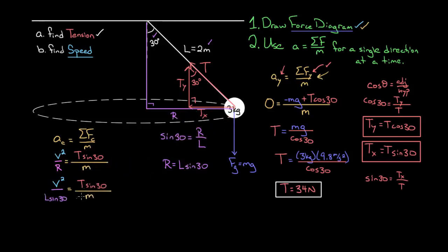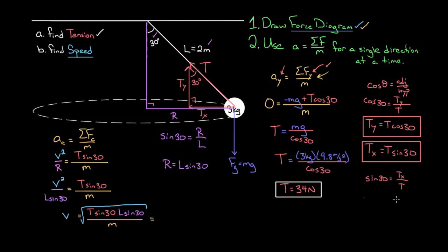And now we can solve, we can multiply both sides by L sine 30, and we'd get that v squared is going to equal T sine 30 times L sine 30 divided by the mass of the sphere. And since I want to find v, not v squared, I'll take a square root of both sides. And when I take a square root of both sides, I end up with v is the square root of T sine 30, L sine 30 over the mass.